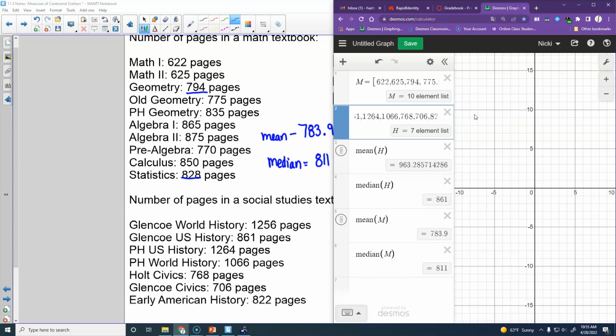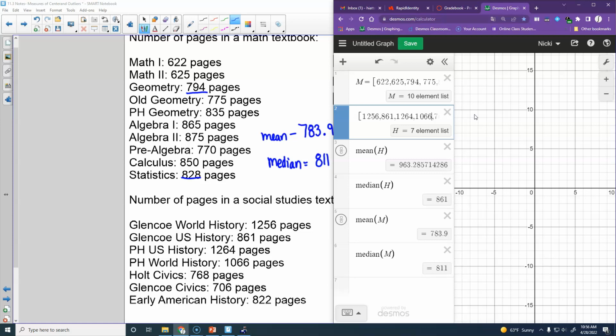now that one's been right, I think. There's 1, 2, 3, 4, 5, 6, 7. Okay. 1256, 861, 1264. Oh, I wrote the wrong one down. 963.285. Okay, I think I just wrote the wrong thing down.